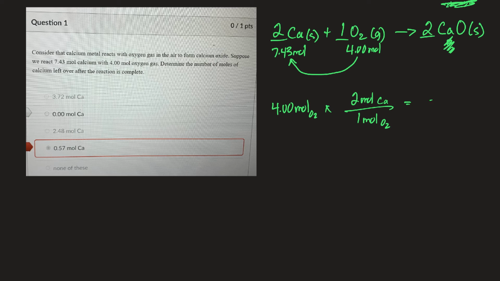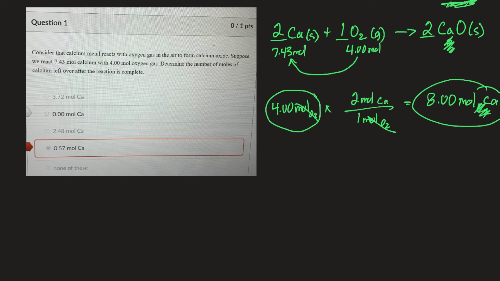So that would require 8.00 moles of calcium, sorry, because moles of oxygen cancel, leaving moles of calcium. So if I use up all my oxygen, then it would use up 8 moles of calcium. But I only have 7.43 moles of calcium. So all my calcium is going to get used up.